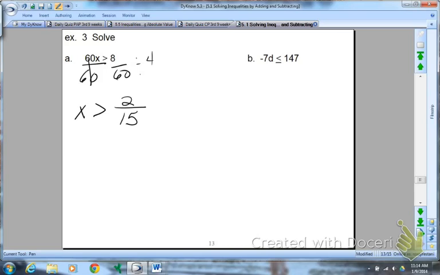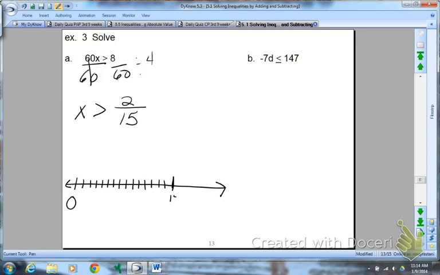Now, if I had to graph this, how would I draw my number line? 2/15 is between what two numbers? 0 and 1. So the denominator tells you how many little slashes you're going to count by. Each little slash is going to be 1/15. So this is 1/15, 2/15, 3/15, and so on up to 14/15 and 15/15.